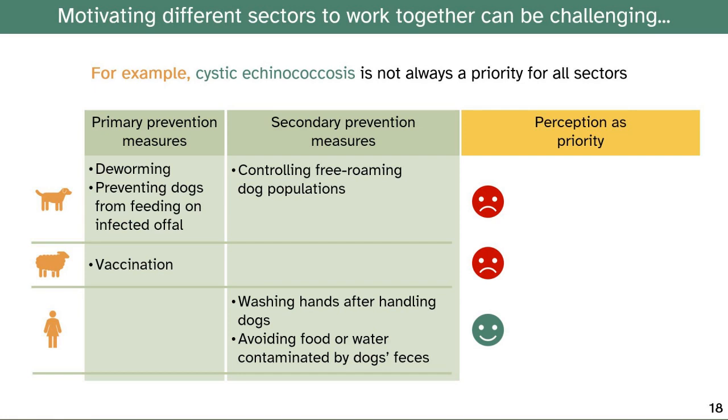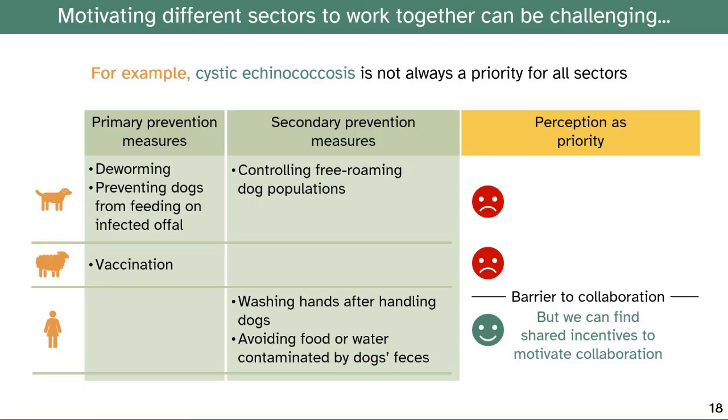On the contrary, priority is high with regard to human health, because this disease can be a serious public health problem. An interest misalignment is clearly there. Understanding objectives from the whole system is therefore important to help identify common ground for different sectors to collaborate in the control of this disease and drive shared outcomes.